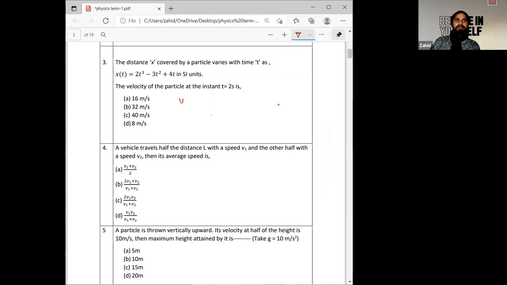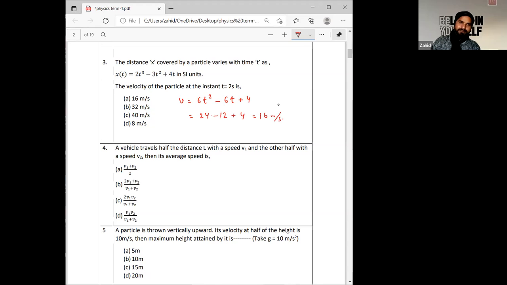On differentiating, velocity will be equal to 6t squared minus 6t plus 4. On putting the value of t to be 2 seconds, it will be 6 into 4, 24, minus 6 into 2, 12, plus 4. 24 minus 12 is 12, plus 4 will be 16 meter per second. Option A is correct.